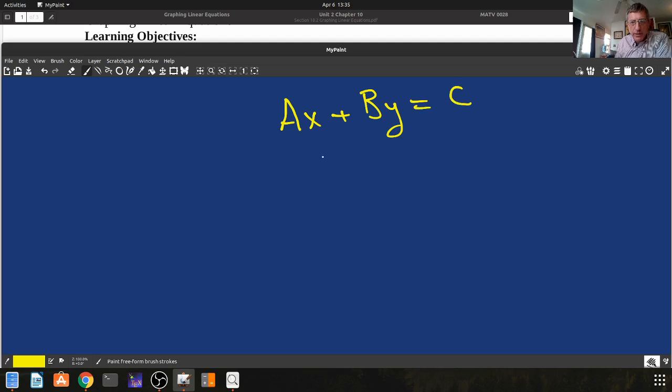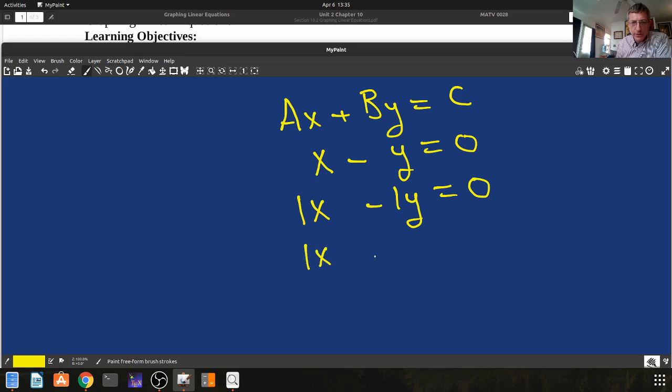And we were just looking at the equation x minus y is equal to 0. So that means, here it is, that's the same as 1x minus 1y is equal to 0. Or if you prefer, that's the same as 1x plus minus 1y is equal to 0.